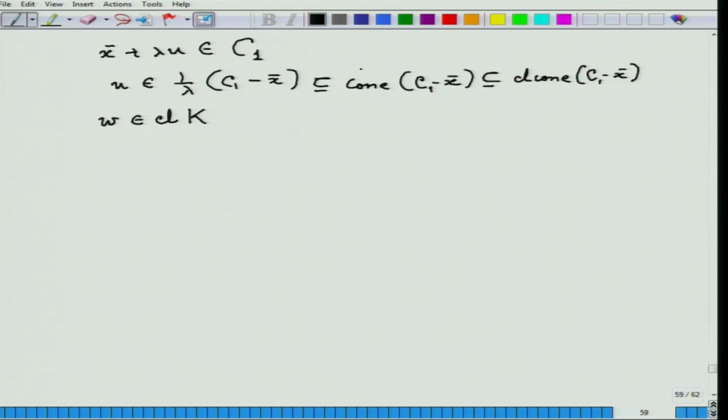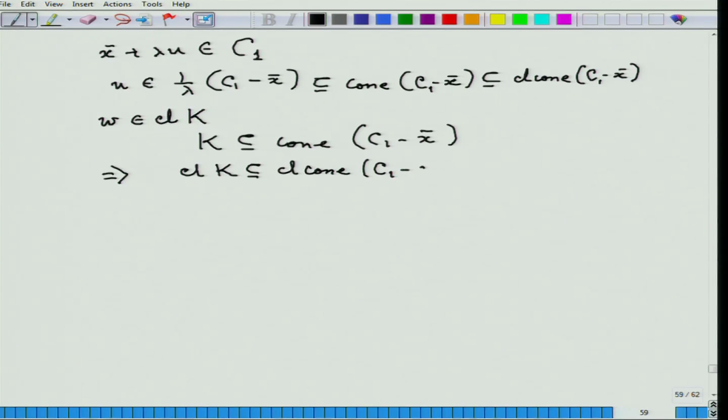From these two equations, I actually have that K is a subset of the cone of C1 minus x bar. So, this would imply that the closure of K is a subset of the closure of the cone of C1 minus x bar. So, this would imply that W is an element of the closure of the cone of C1 minus x bar.